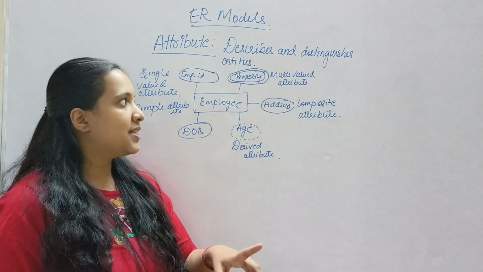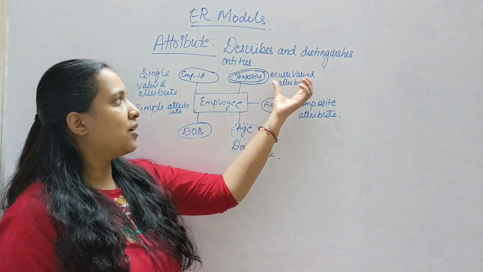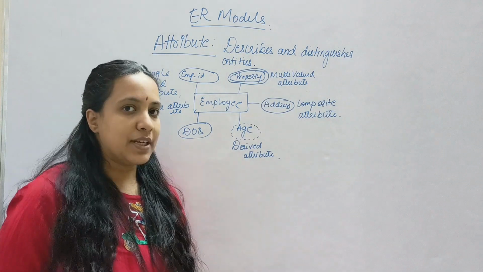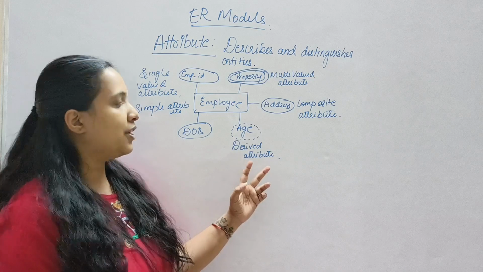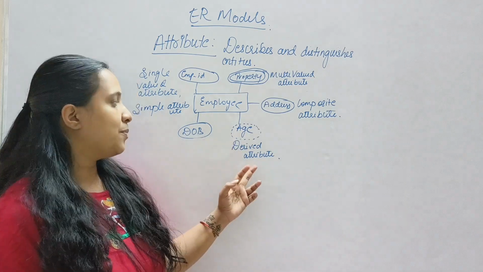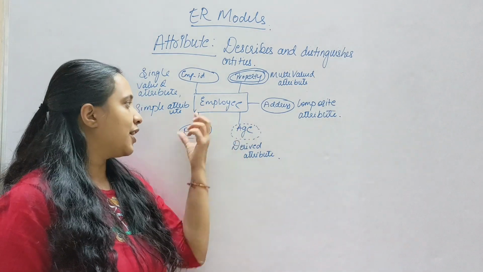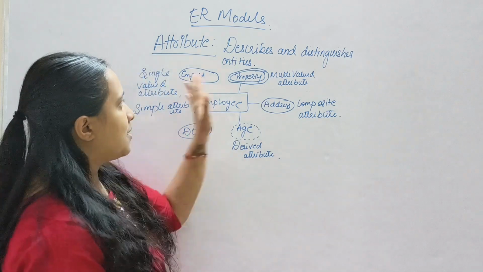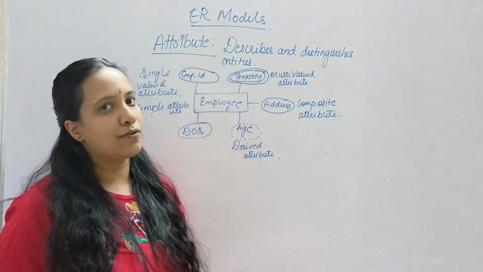The next one is the complex attribute, any attribute which is both multi-valued and composite. And then we have the derived attribute, which is nothing but the attributes which are derived from the other attributes of the entity. So this is about the different types of attributes.